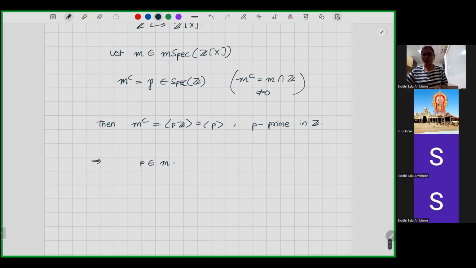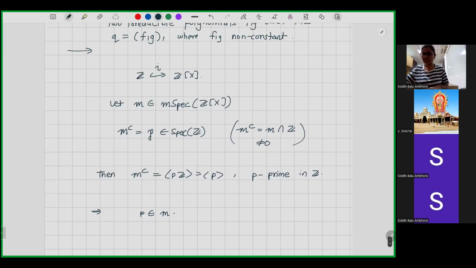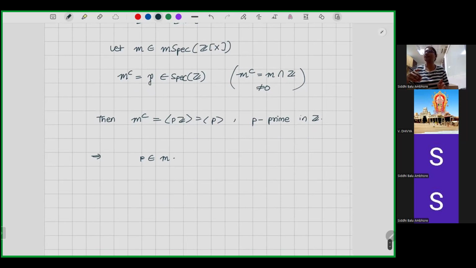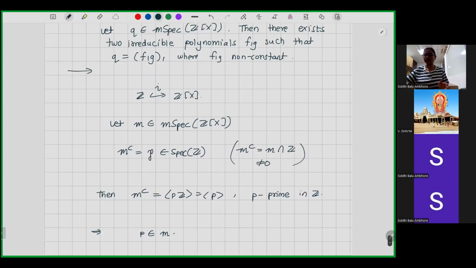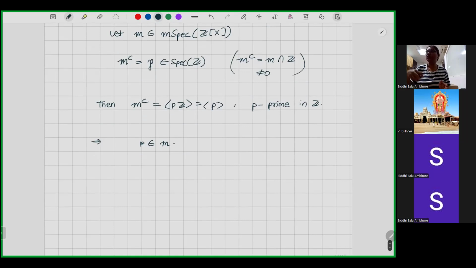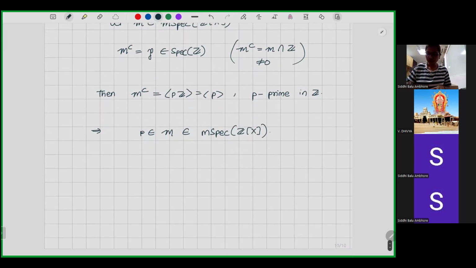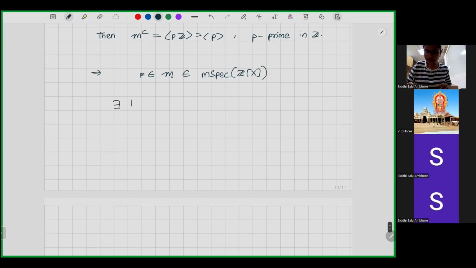So when I go back to my ideal M with the inclusion in Z[x], this element P also belongs to this maximal ideal M. Okay, so when I quotient by this M, there exists some H non-zero in Z[x] such that the degree of H is greater than or equal to 1 and H is non-constant.